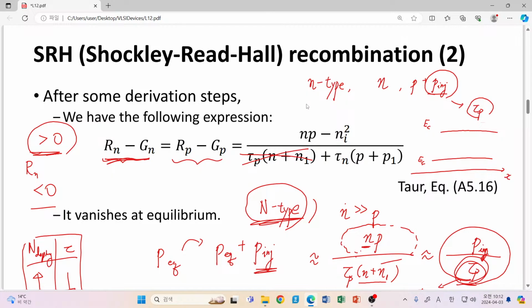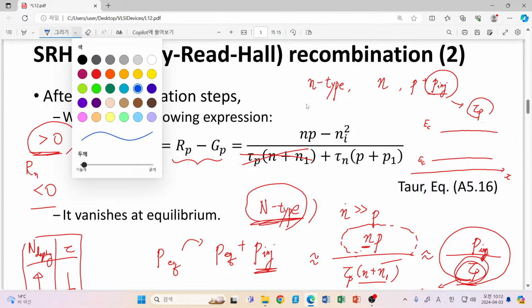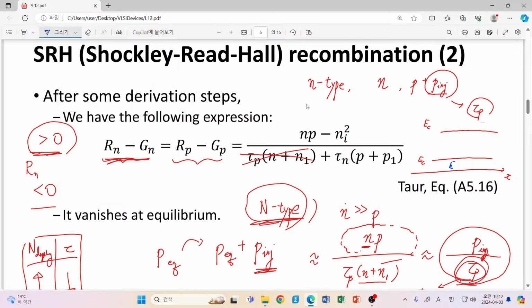Position wise we can have different values of EC and EV, but right now I just drew a homogeneous one. And now let's say that here we have additional holes by some way. Now here we have additional holes.